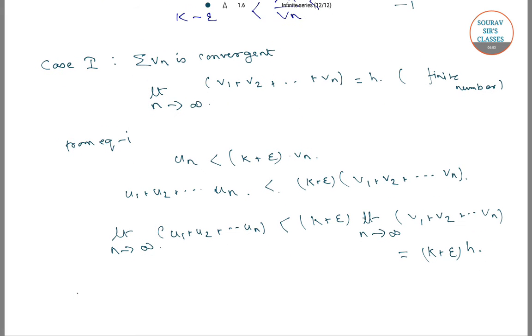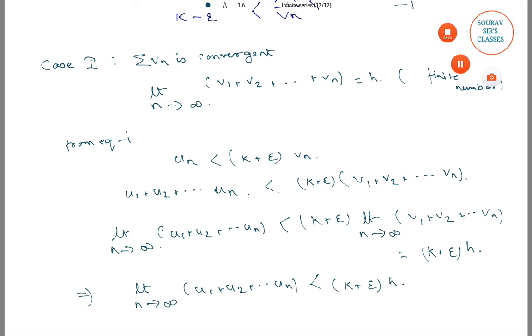Hence, limit n tends to infinity u1 plus u2 plus so on till un is less than k plus epsilon into h. Hence, the series summation un also converges.